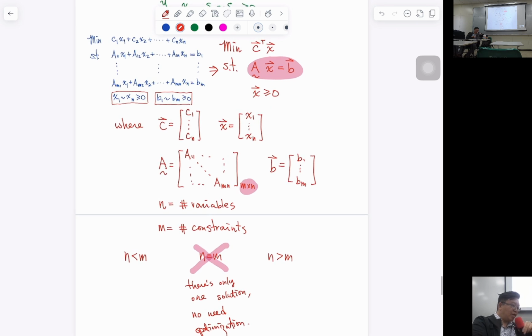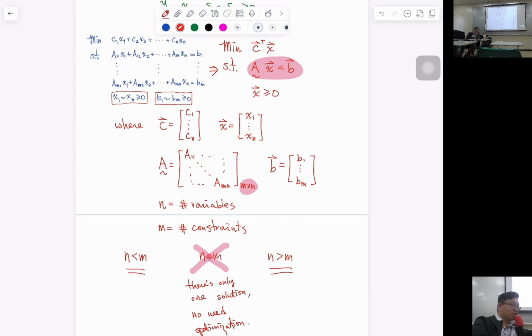How about the case of more variables than constraints? Actually, I should talk about this one first: more constraints than variables.